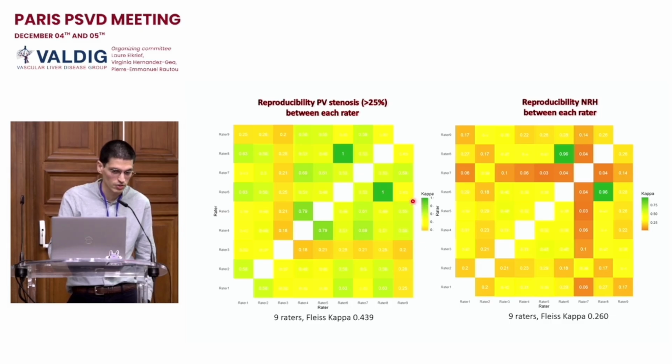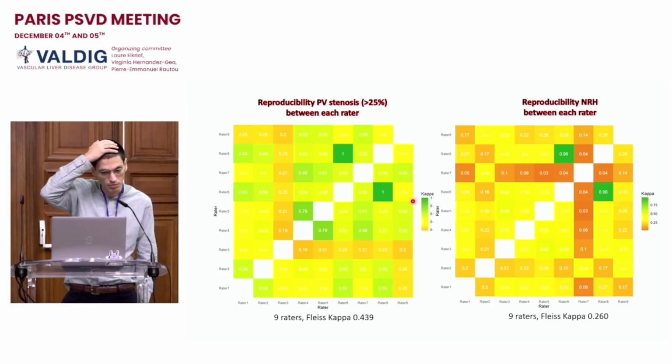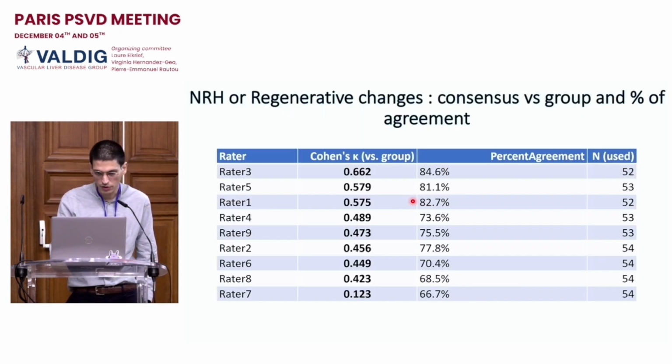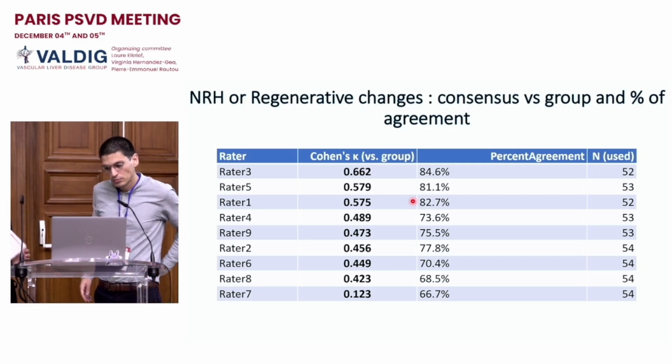But portal vein stenosis is really the most reproducible feature. And I think in a biopsy we will never reach much more than 0.5, 0.6 maybe, and maybe we should target that. I don't know if I have other kappas, but that's the main feature. Thanks.